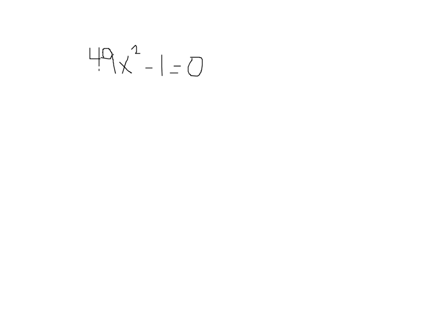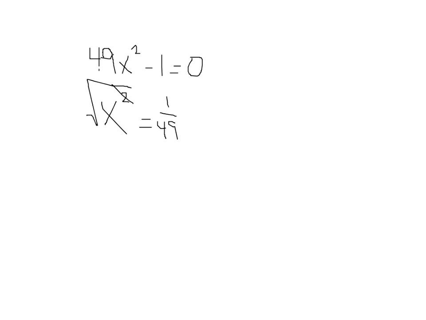So what we can do is just, it's a relatively simple one. It's not that complex of a quadratic. We can just add 1, divide by 49, and then take the square root of it, which is, I think, what y'all did. Basically, at one point, it'll look like x squared equals 1 over 49. Take the square root.